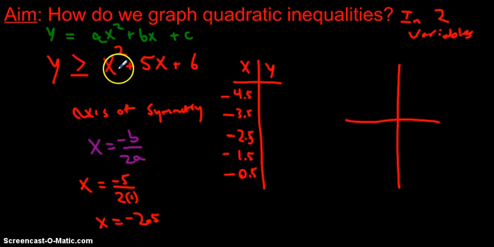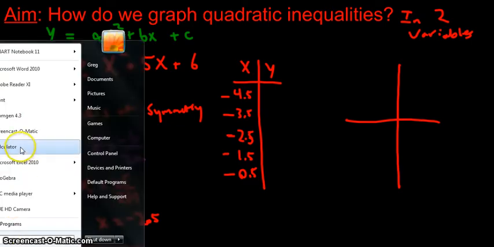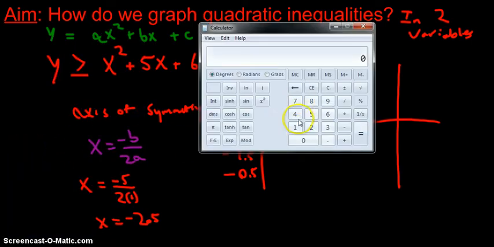Substituting -2.5 in here, let's use a calculator. So that's -2.5 squared is 6.25, plus 5 times -2.5, plus 6, is -1/4.